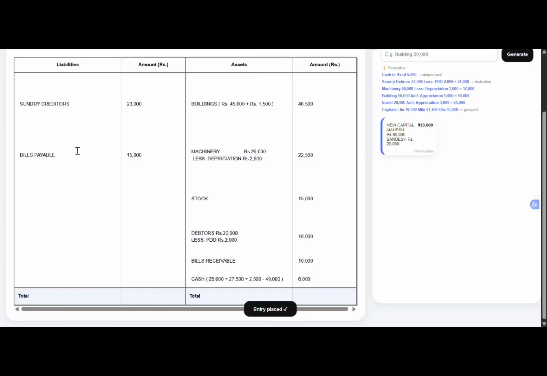Now here the new capital comprises of only two partners. Since Suresh has retired, only two partners are continuing, that is Mahesh and Sandesh. So here we will not bring in Suresh's loan account because his account has been completely settled by paying him through cash.